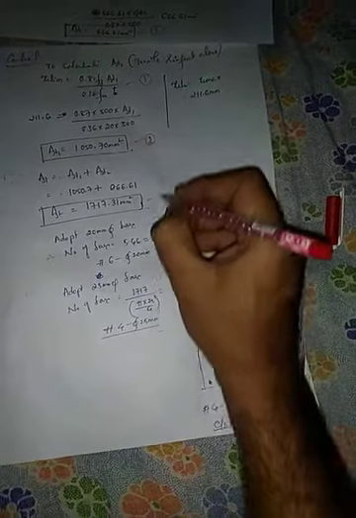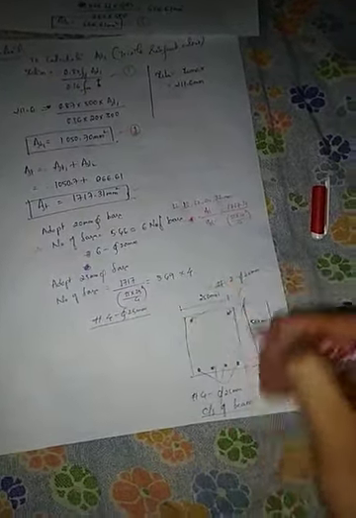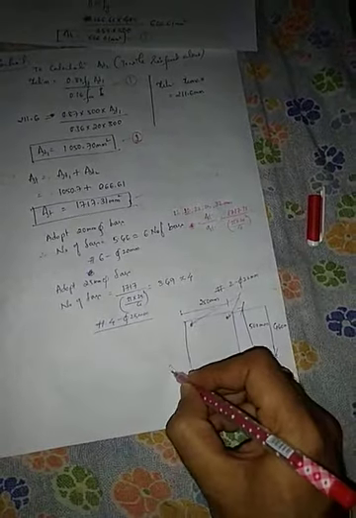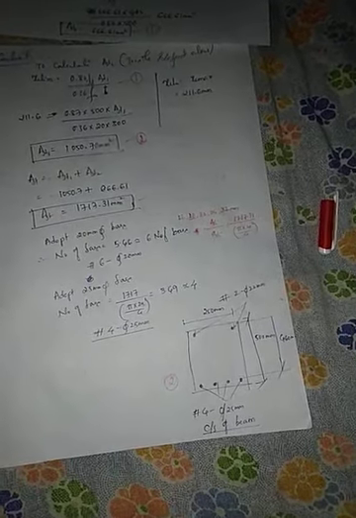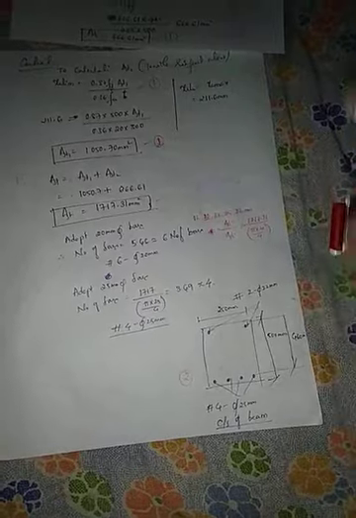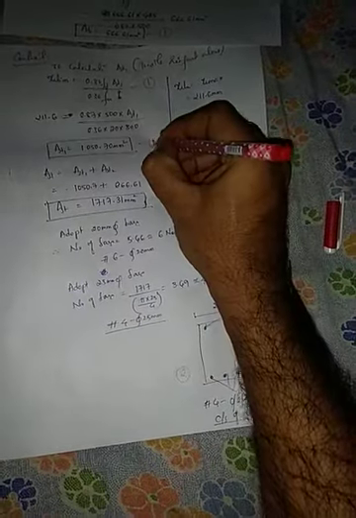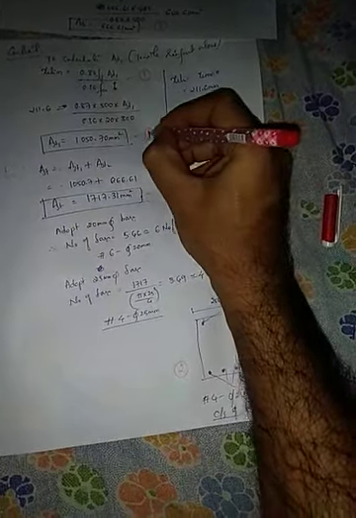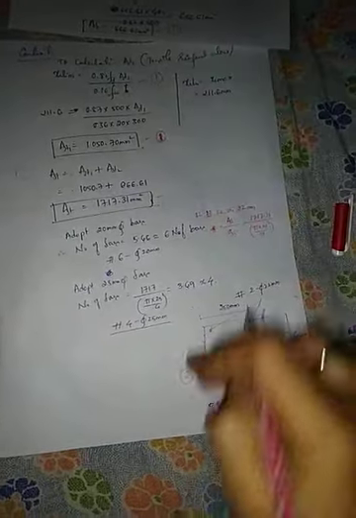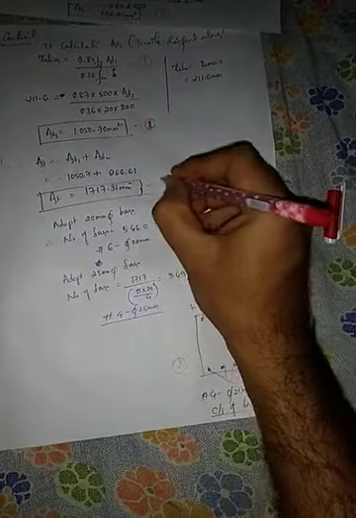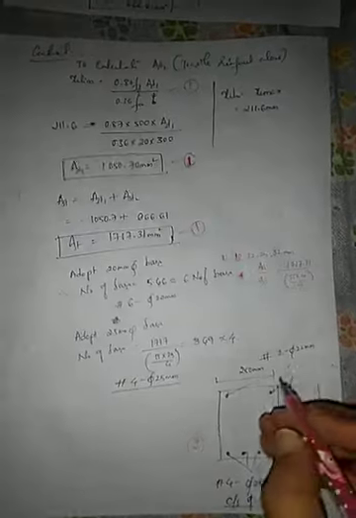Calculate Ast2. Okay, this will be 2, and for the sketch you will get another 2 marks. 4 5 6 7 8 9 10 11 12 13 14, so this will be 1. 5 6, 1 mark. So this is the scheme of valuation.